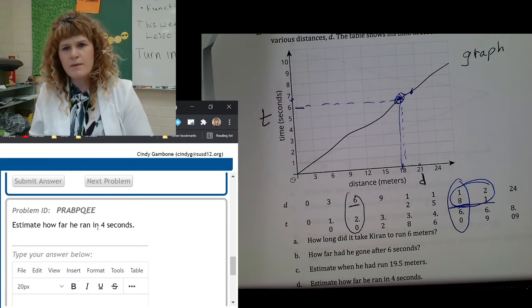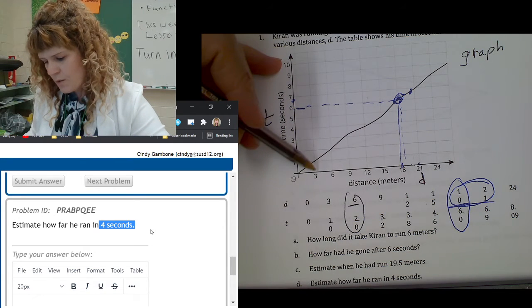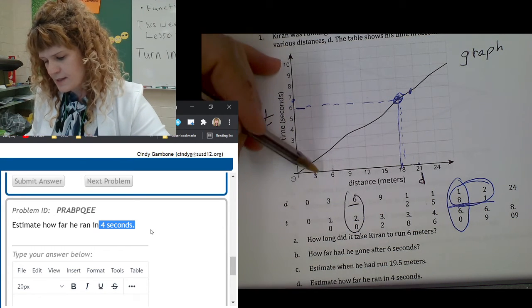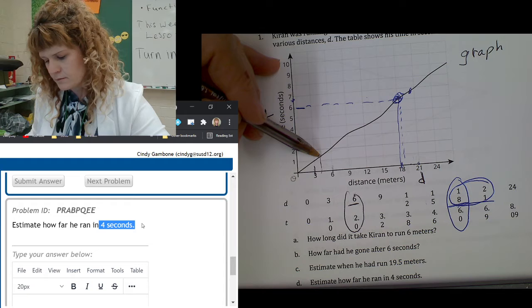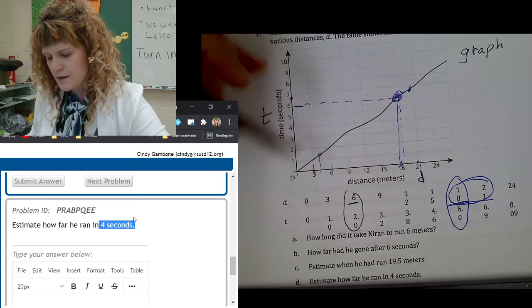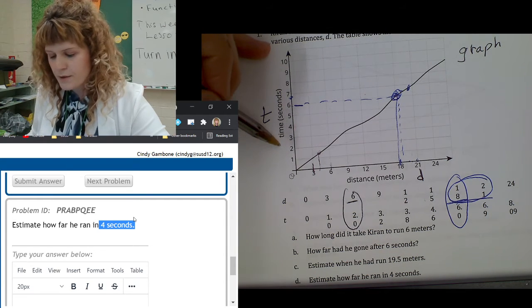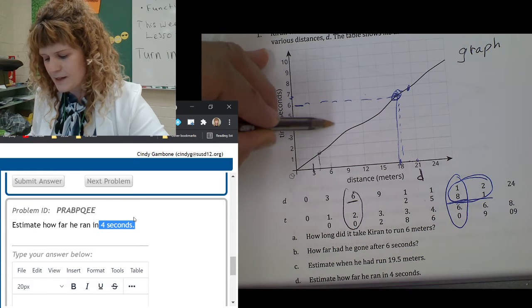Estimate how far he ran in 4 seconds. Well, somewhere between 3 and 6 seconds. Maybe 4 seconds is right here. And that's somewhere between, oh no, I read the wrong axis. I'm so sorry. Look at that. I hope you caught that mistake.